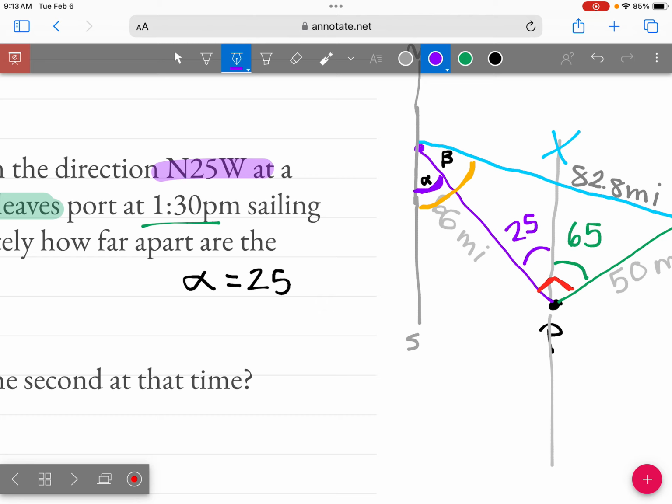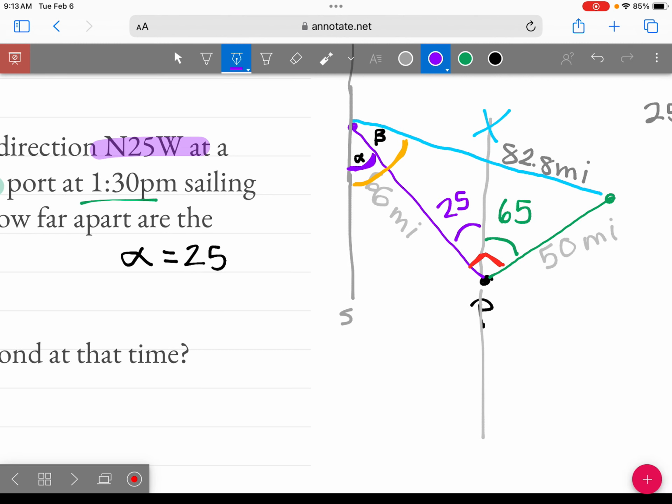How could we find that beta angle? Is beta in our triangle? Could we maybe use a trig function to identify the measure of this angle? Which one do we want to use? It doesn't really matter.